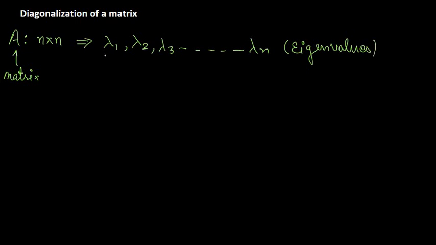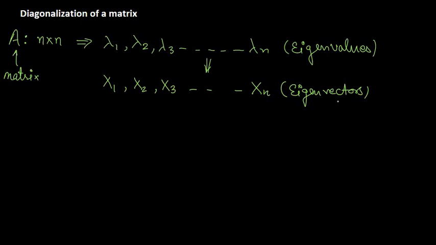Each eigenvalue corresponds to an eigenvector: x1 corresponds to lambda 1, x2 to lambda 2, x3 to lambda 3, such that we have n eigenvectors. So for the matrix A, you know its eigenvalues and its eigenvectors.